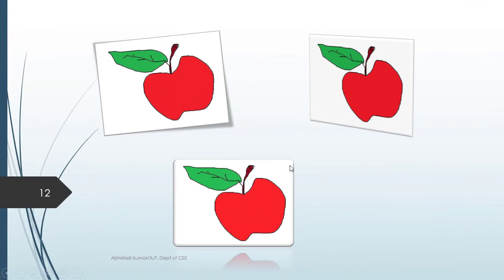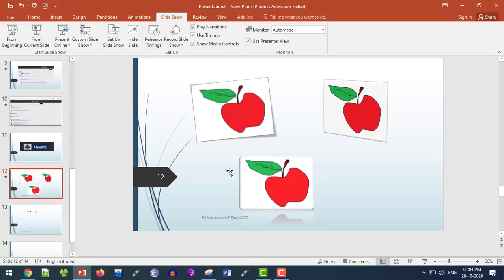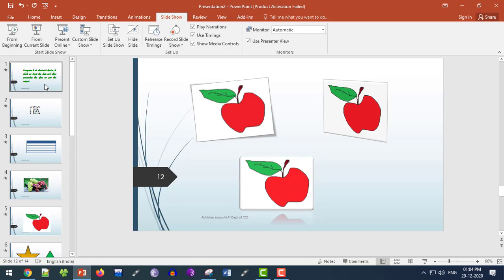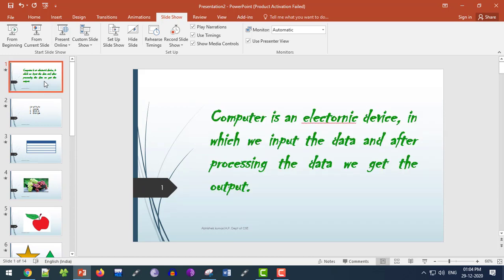To exit the slideshow at any point, we just need to hit the escape key, ESC. And another thing I want to discuss with you is how to write or illustrate anything on the slide during the presentation. So just run the slideshow.